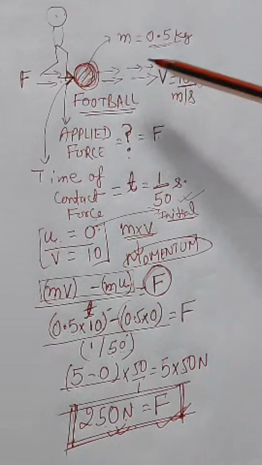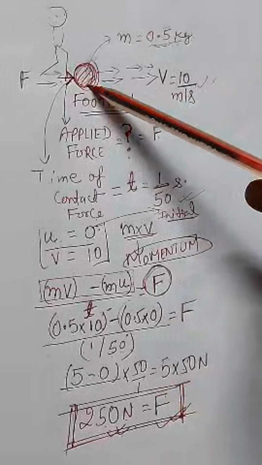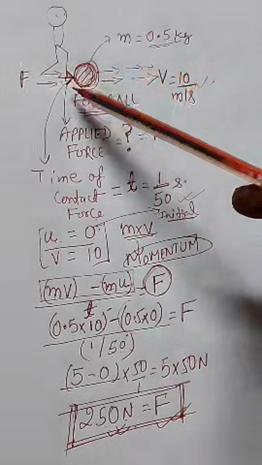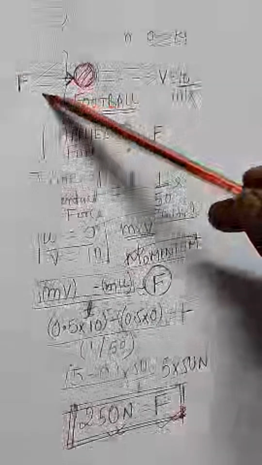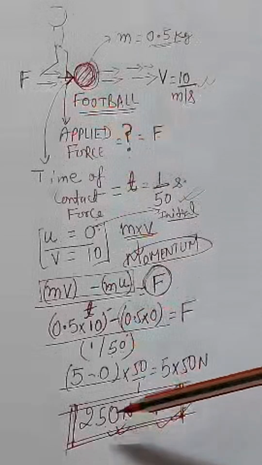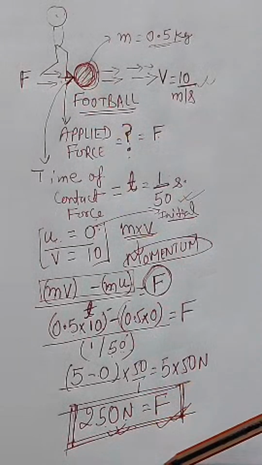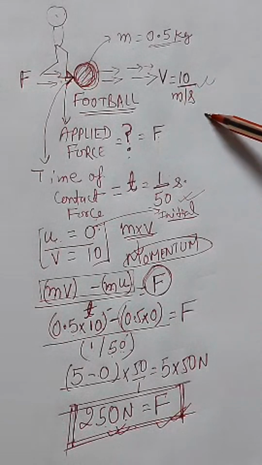So it's a mere 250 newton of force which is applied to this football and it attains a velocity of 10 meter per second, and if you hit it harder, then definitely it will be a greater force. As you increase the force from 250 to maybe 300, 350, 400 or 800, the velocity will gradually be higher, right?